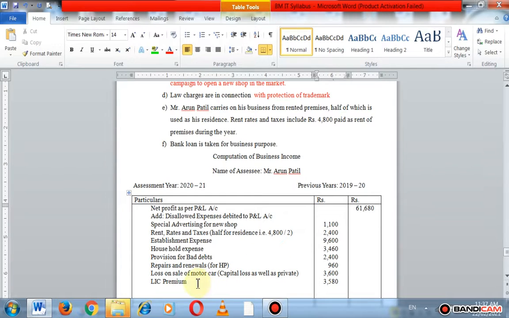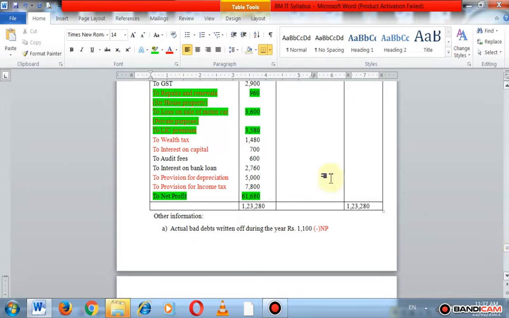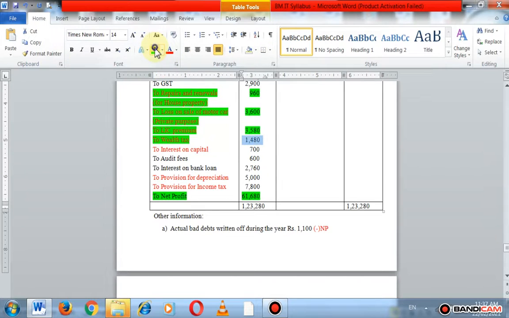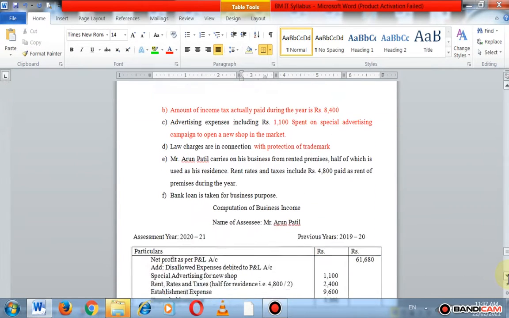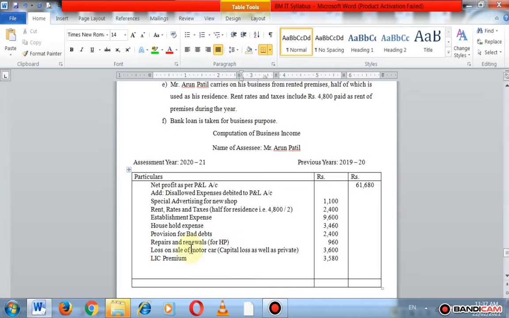Then wealth tax and interest on capital, both are given. So here 1480 wealth tax. Add this wealth tax in net profit.